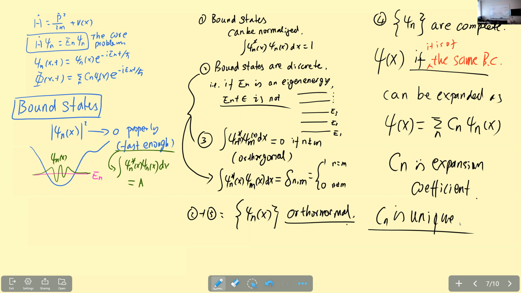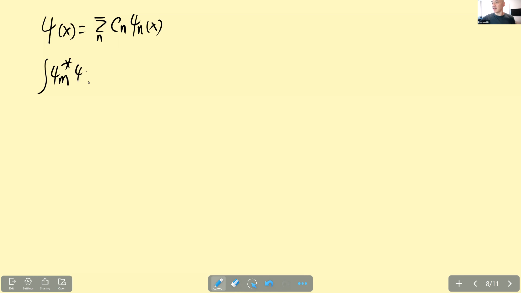So let me prove this one and show you constructively how we can obtain these coefficients. Remember, if we have an expansion like this one, let's try to calculate this integration.